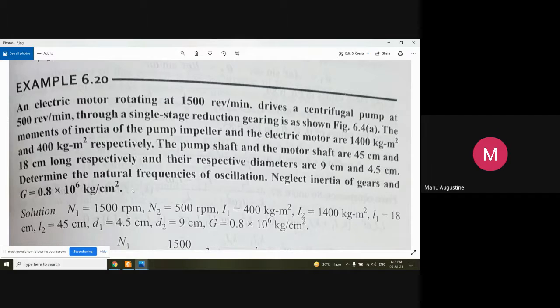I'm not going to dwell on how to convert kilogram per centimeter square into SI unit. Kilogram here is not mass, it is actually kilogram force. Kilogram force has to be converted into Newton, centimeter has to be converted into meter. If you do not do this, your answer will be wrong, even if your concept is right.